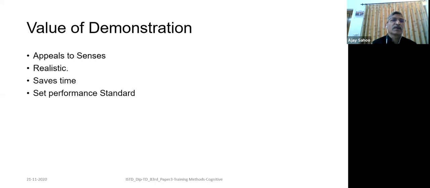Right. Okay. So what are the values of the demonstration? It appeals to the senses. Like we started off with this topic on how human beings are visual animals, right? Of all our five senses, our visual sense drives us almost 80% of the time, or 85%.